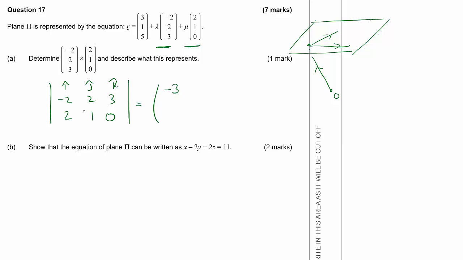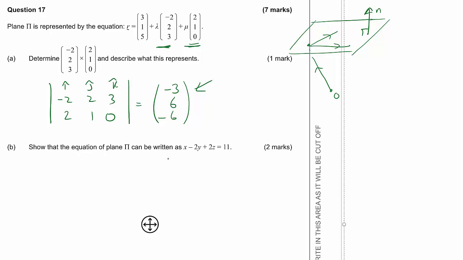Covering up j gives us 0, take away 6, but we change the sign on that middle one. And covering up k gives us negative 2, take 4, which is negative 6. And what this represents is a direction which is normal to these two vectors which are in the plane, and therefore is the normal to the plane.